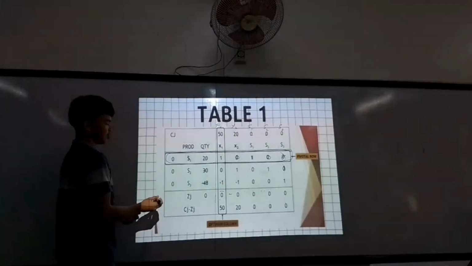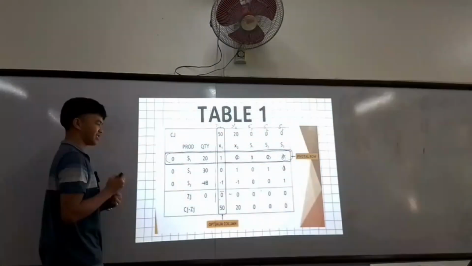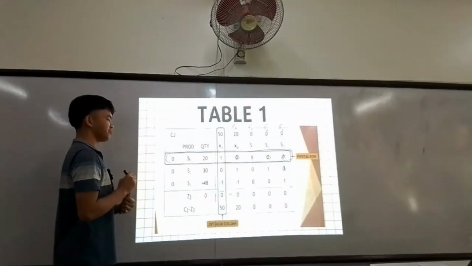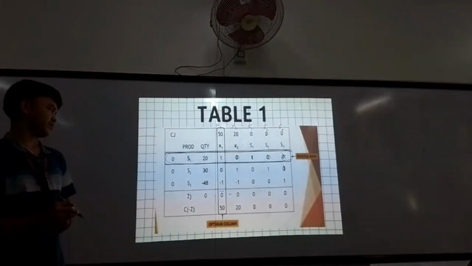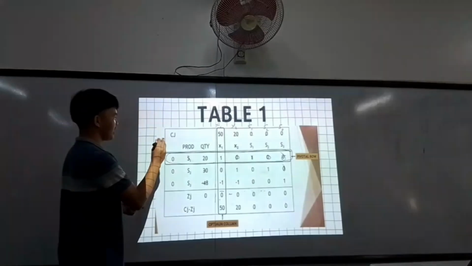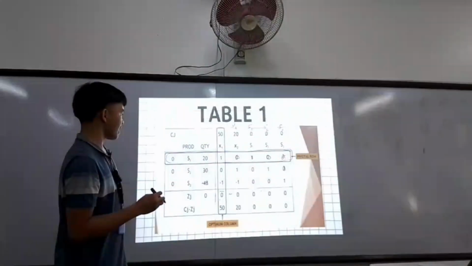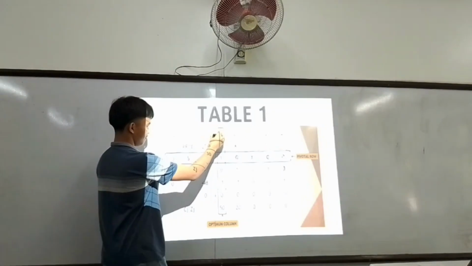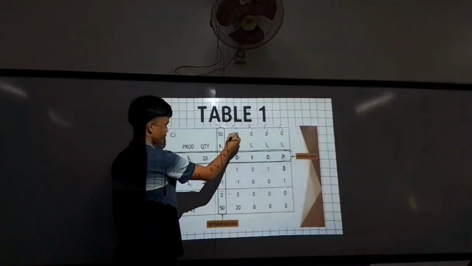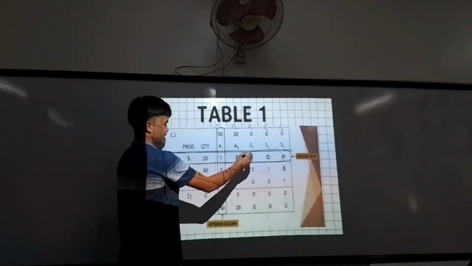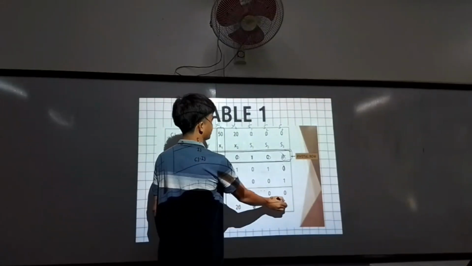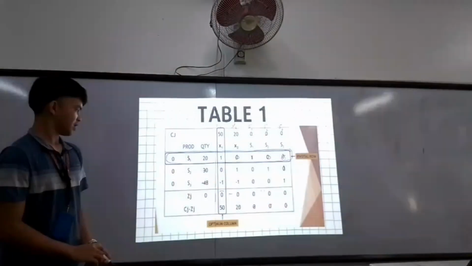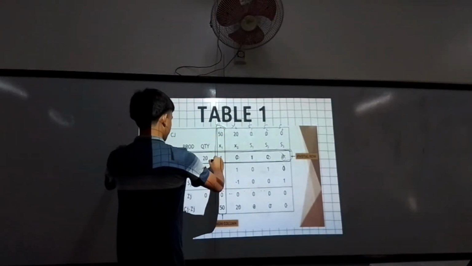So our ZJ is 0, 0, 0, 0, 0, 0. If we multiply it together, we have 50, 20, 0, 0, 0. So this column is our optimal column.